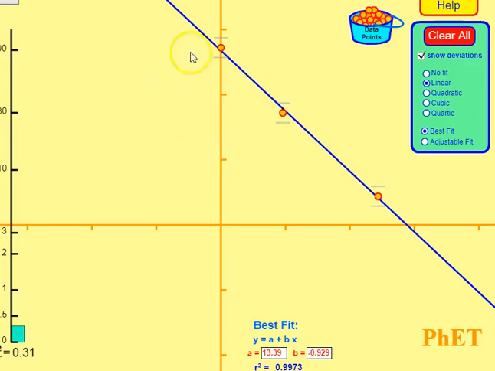So if you plot a graph of voltage versus current for a non-ideal cell, the graph would actually look like this. And this intercept would represent the EMF, the maximum voltage that the battery can supply when it's not connected to any external circuit. So as it's connected to an external circuit and the current drawn from the battery increases, the lost volts increase and the voltage delivered to the output circuit also goes down. So a negative gradient represents this sort of a negative correlation.